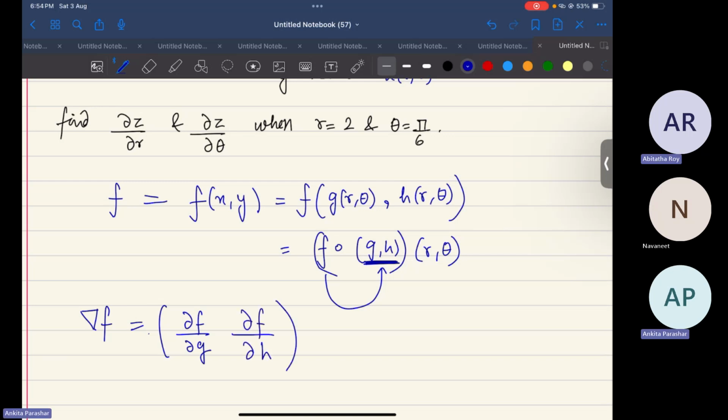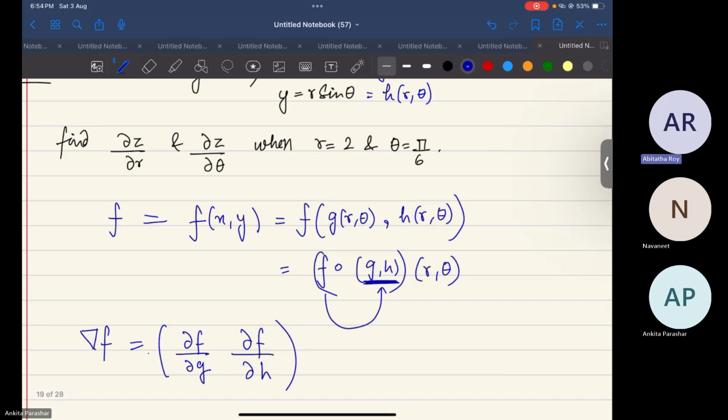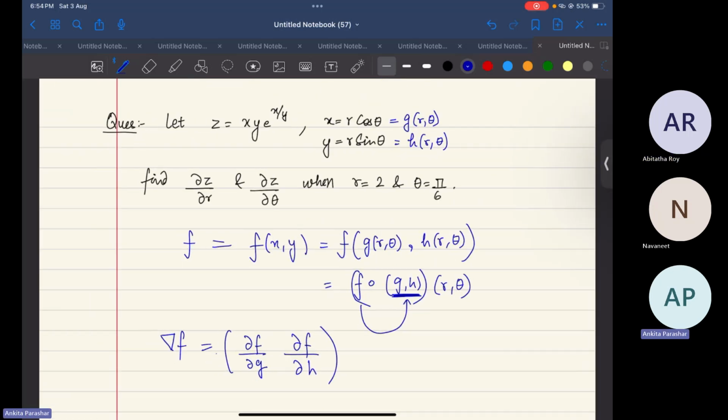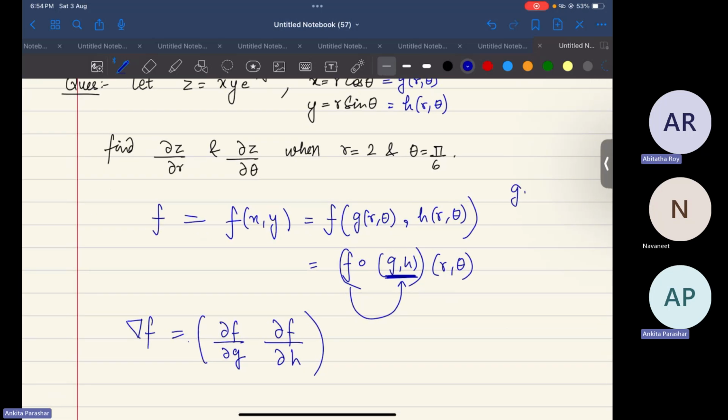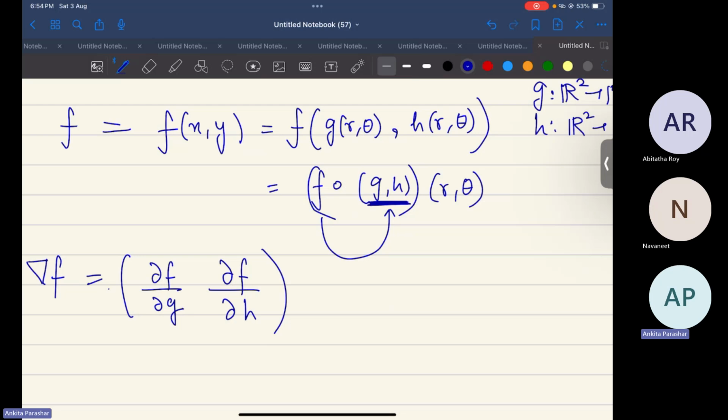Then g and h are further functions from R2 to R. So what size of matrix will come? It will be a 2 cross 2 matrix.